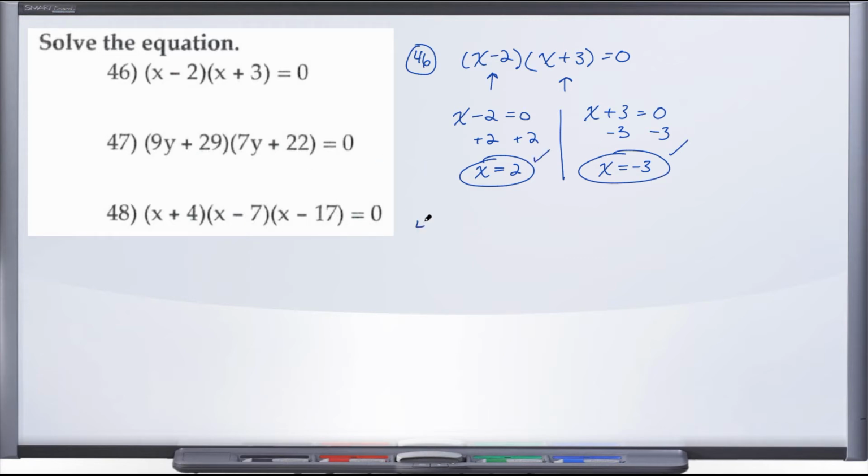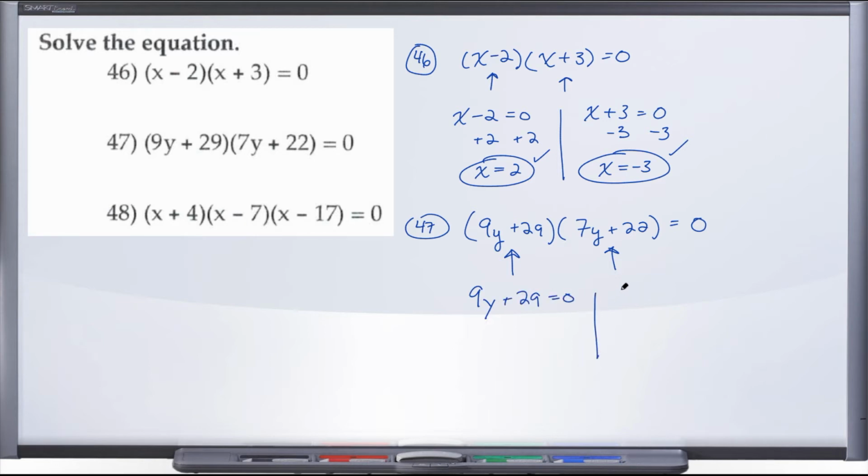All right, let's look at 47. We've been given the quantity 9y plus 29, and then the quantity 7y plus 22. Again, equals 0, already in factored form for us. So when it's in factored form like this and set equal to 0, just take each of your factors and independently set each factor equal to 0 and solve for the variable.